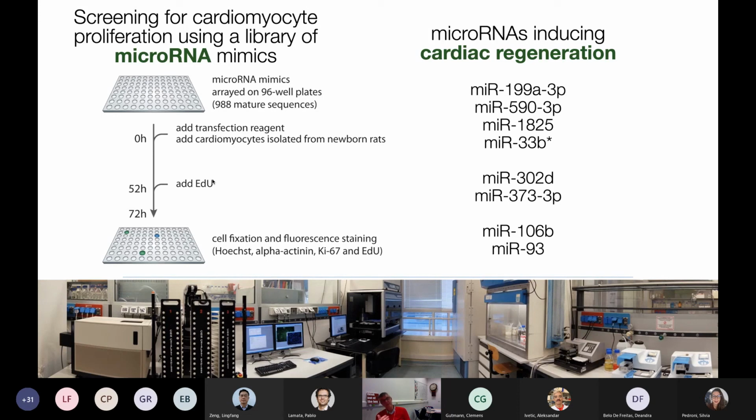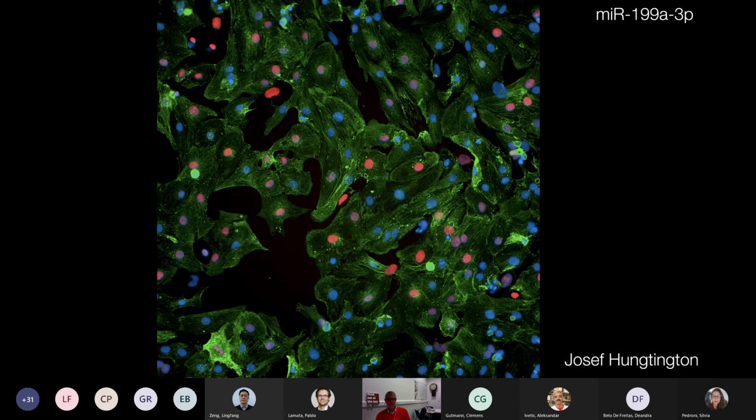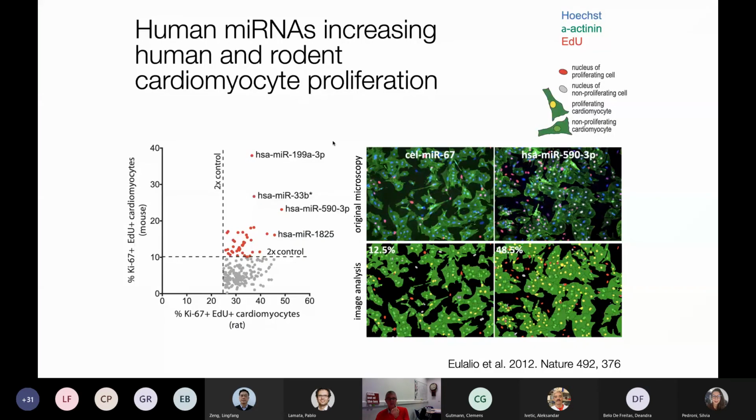So the cell incorporates this instead of thymidine. The EDU can be seen by a chemical technology called click chemistry, BRDU with an antibody, but bottom line is that the nuclei of cells that replicate can be visualized versus all the other cells.